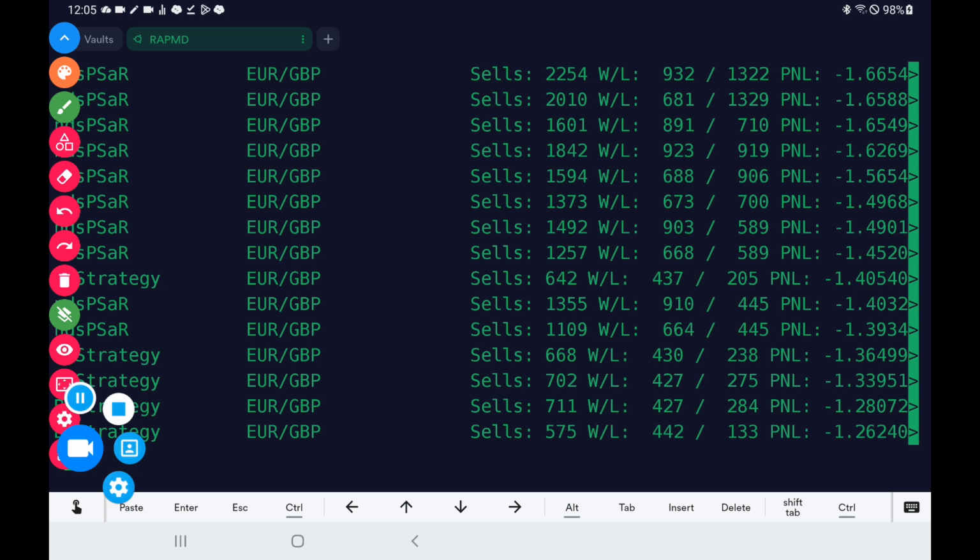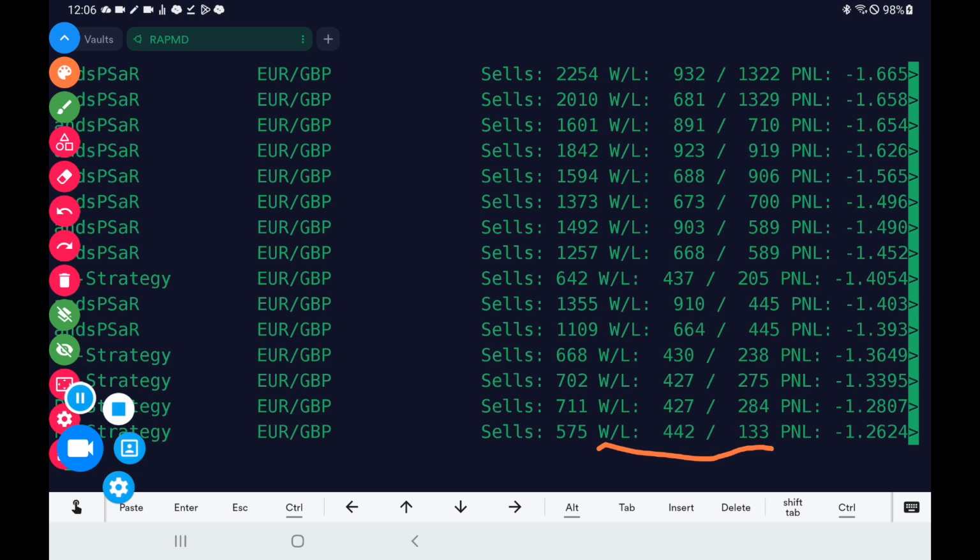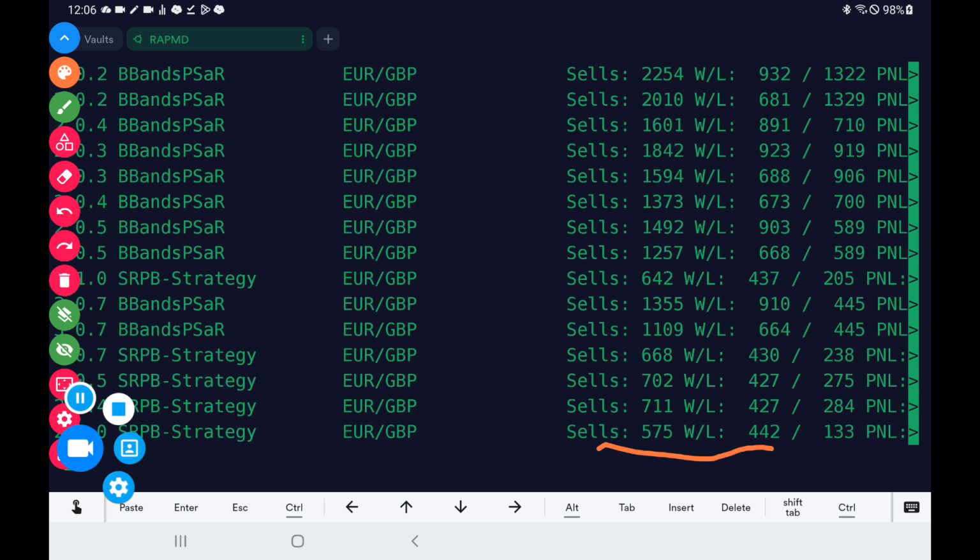For example, if we look at the bottom of the screen, 442 wins to 133 losses, and it still overall lost money. What was the risk to reward for this one?